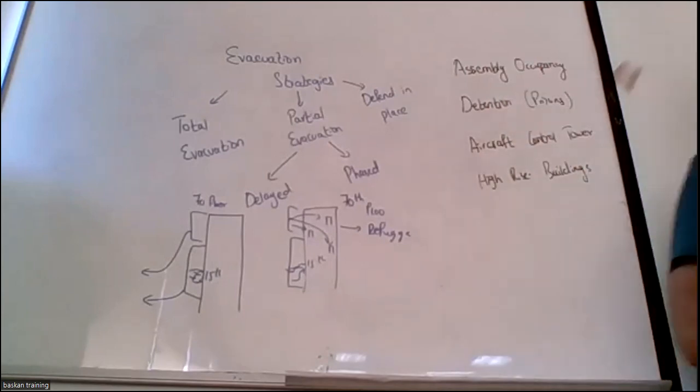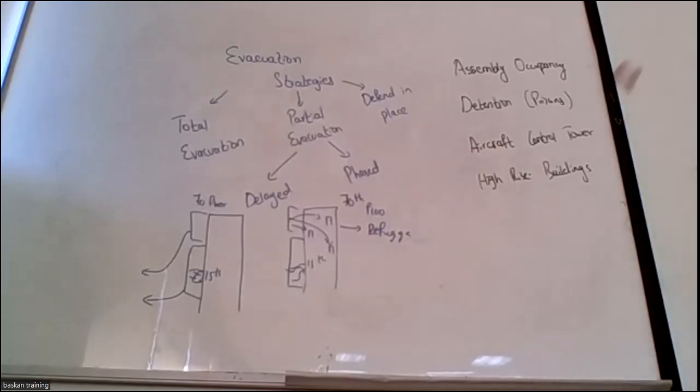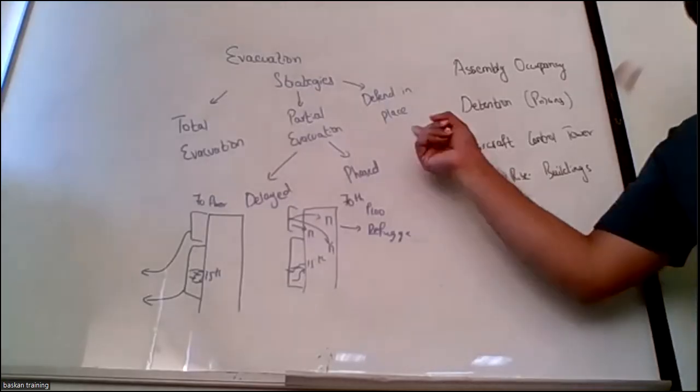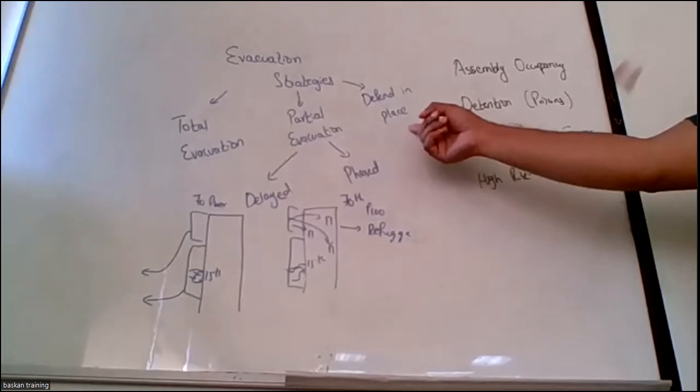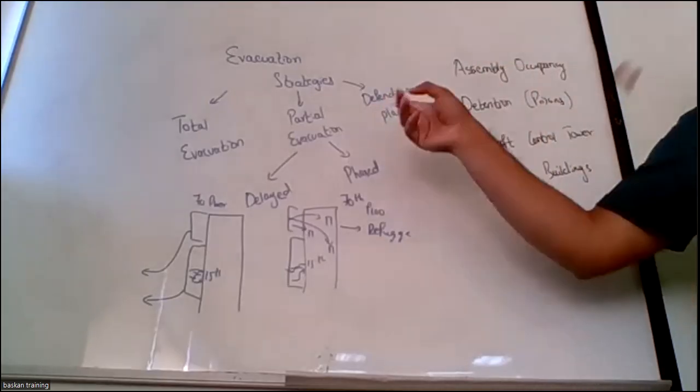Detention and correctional facilities, prisons, what type of evacuation strategy will be effective? Defend in place. Two types of strategies can be there. Either it can be defend in place, if the threat is not really nearby to that prison.